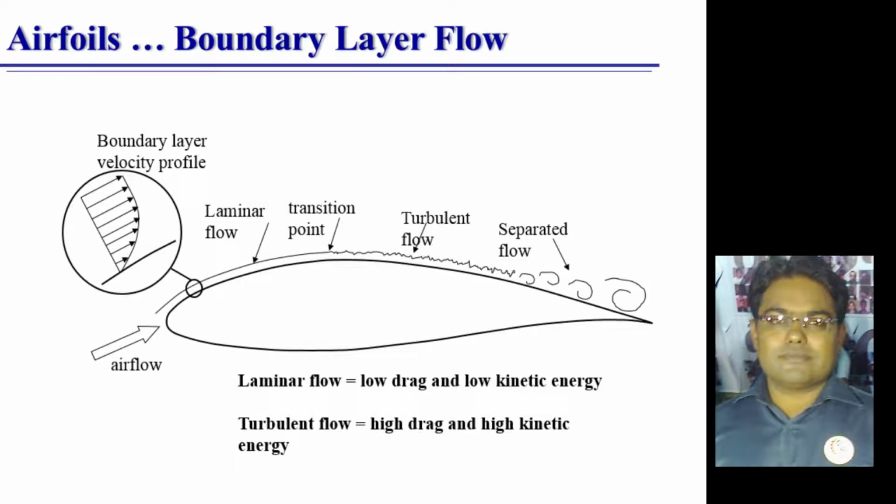But if it is turbulent, it may stay attached over a larger length of the chord of the airfoil, and after that it will detach. Overall, the drag in laminar flow will be lesser compared to turbulent flow, but stalling will happen in laminar flow much earlier than in turbulent flow.